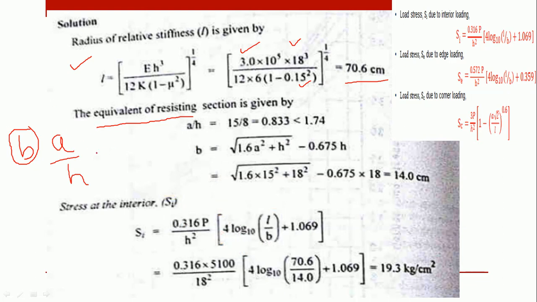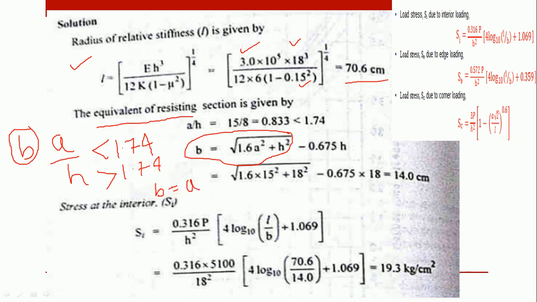If the A by H ratio is less than 1.74, then we can find the value of B using this formula. If it is greater than 1.74, then B is equal to A itself. This is the condition we know.